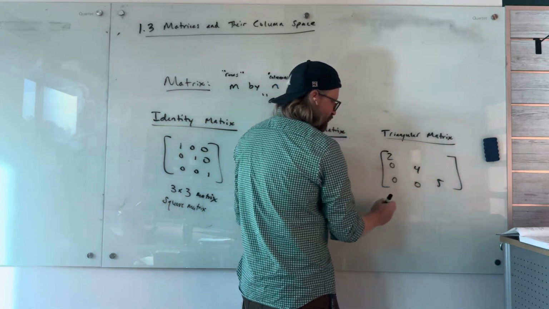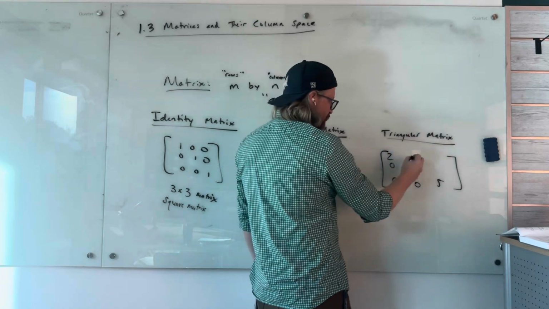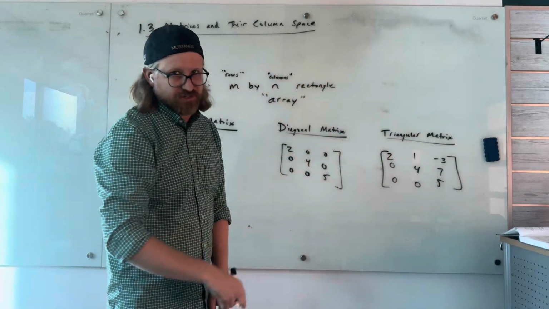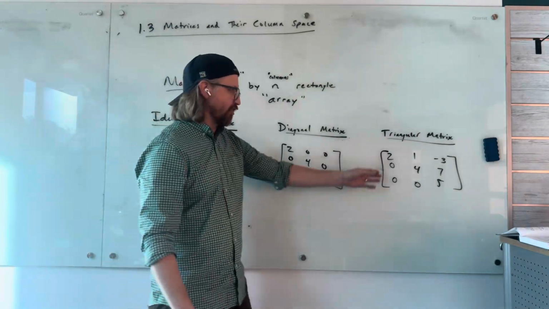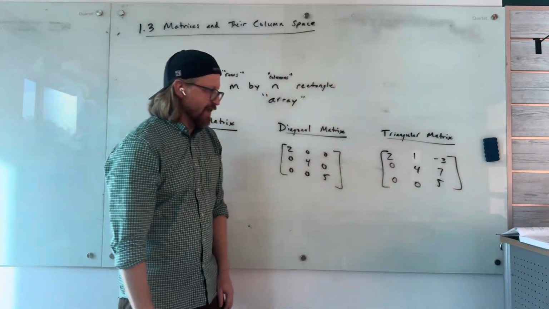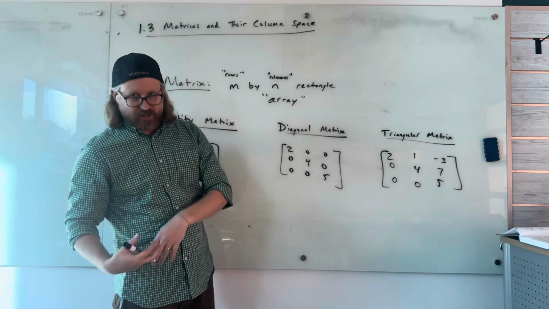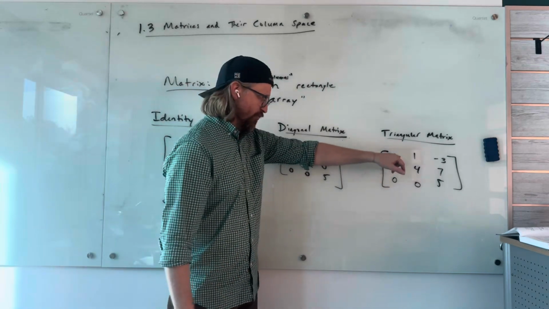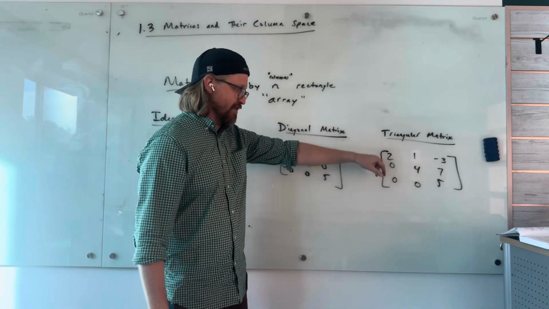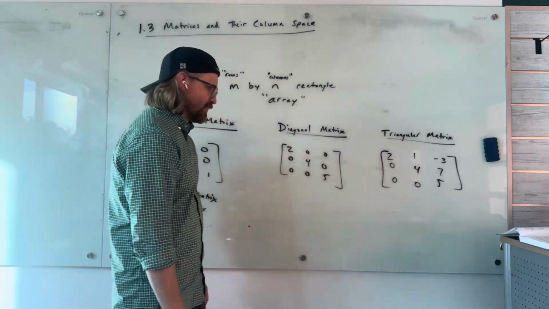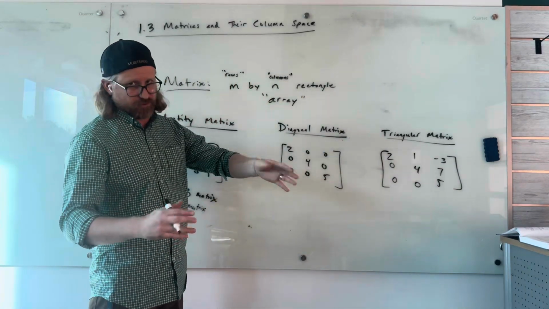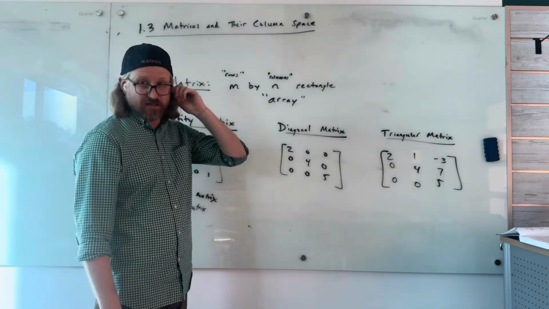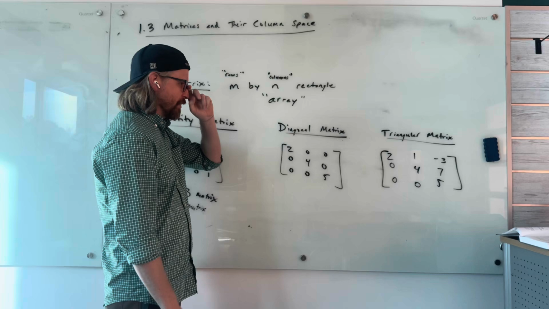If I have zeros underneath but non-zero entries above, I can call this an upper triangular matrix. Upper in the sense that all of my non-zero entries are above the main diagonal. A lower triangular matrix would have the opposite: only 0 entries above the diagonal, non-zero entries below. So we can designate upper versus lower. Again, this example specifically is an upper triangular matrix.